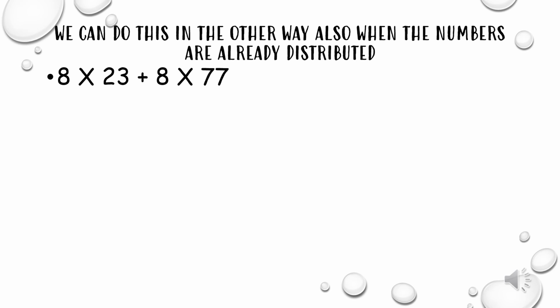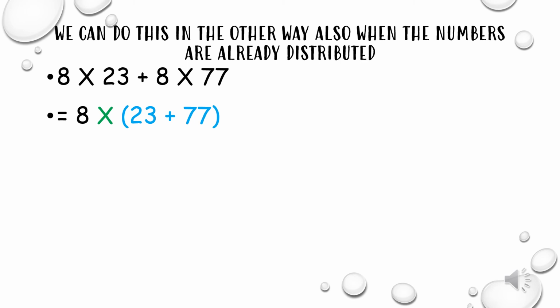So there is a question that says 8 times 23 plus 8 times 77. Now you must be thinking that I have to distribute 23 and 77 both. No. If you see that 8 is common for both of them, you will keep the non-common numbers, that is 23 and 77, in the bracket, and you will keep the common number 8 outside the bracket.